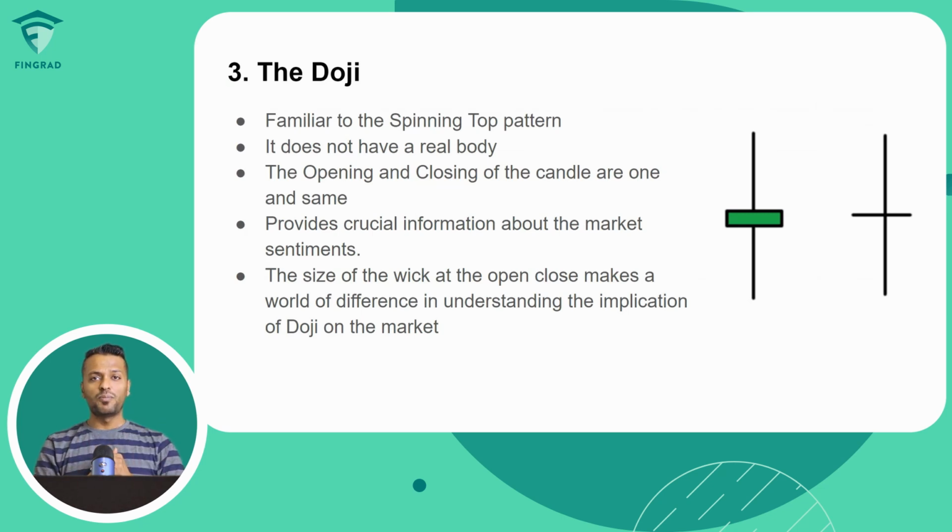There is no physical body associated with this candlestick, but it provides very crucial information about the market. Let us understand how. If you look at the candle on the right hand side of the screen, the candle had no body. The buyers tried to push it up, the market went very high, but again the sellers gained control near the high. It came down and the market made a big red candle, but eventually couldn't sustain the selling pressure.